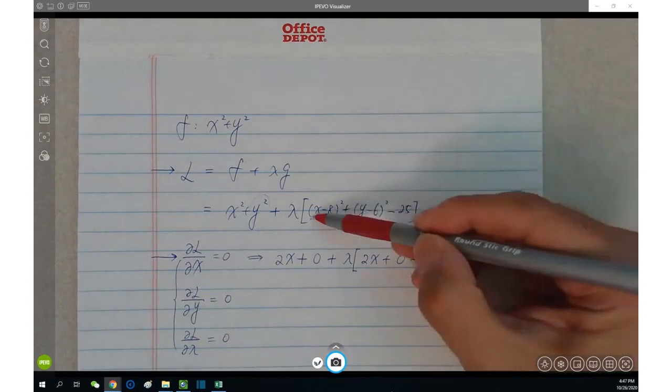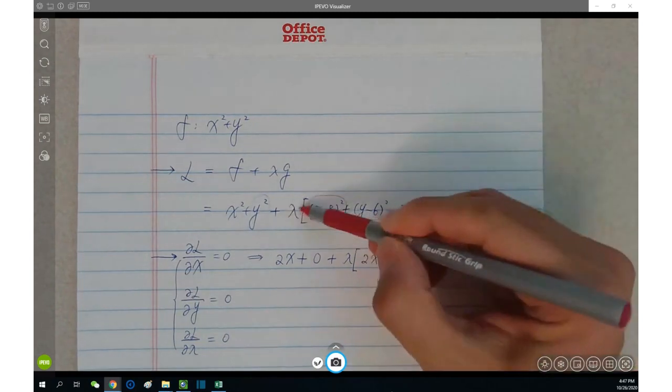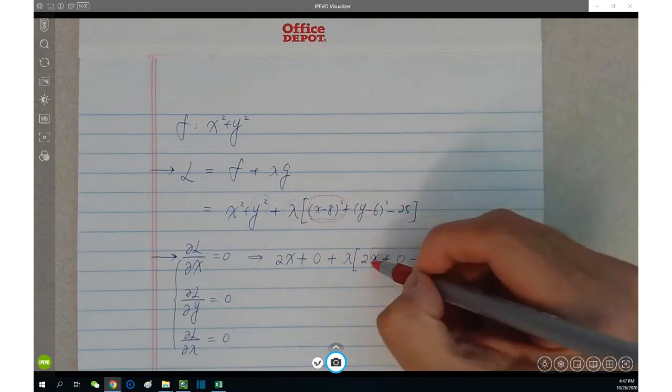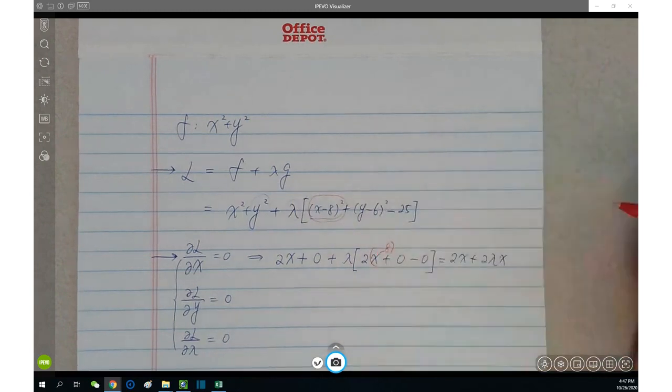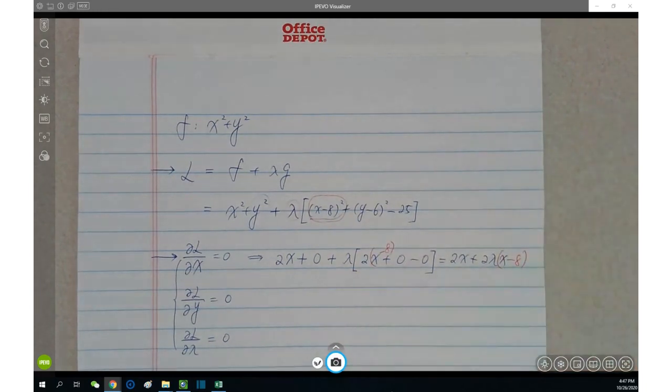The derivative of this term itself with respect to x equals 2 times x minus 8. And also you can't forget you have a lambda outside. So you have 2x plus 2 lambda times x minus 8, and that equals 0.